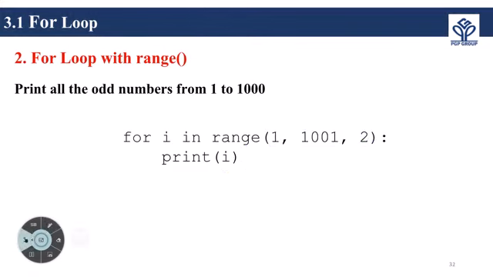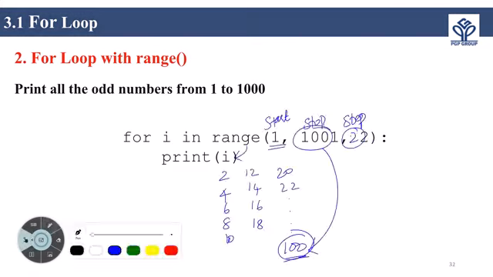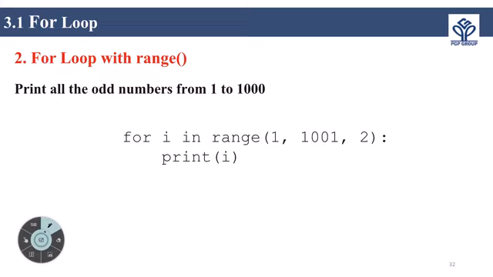Next one, print all the odd numbers. Very simple. We start at 1. Clear? Next, only print odd numbers: 3, 5, 7, 9, and so on. These are also odd numbers, and we are using range.